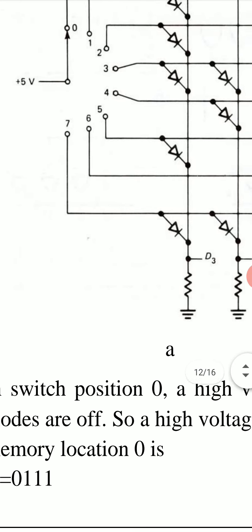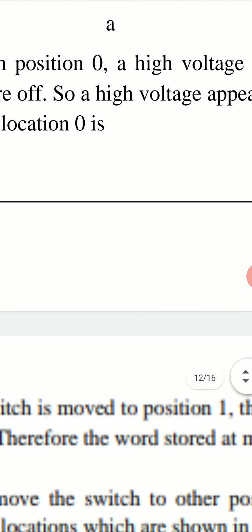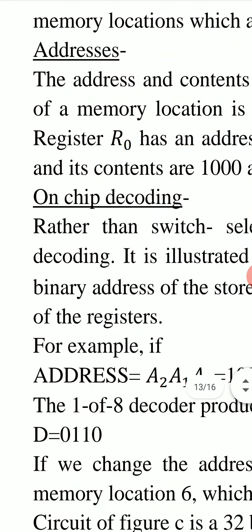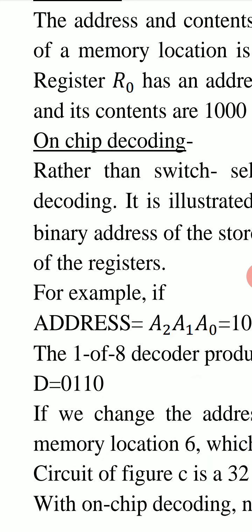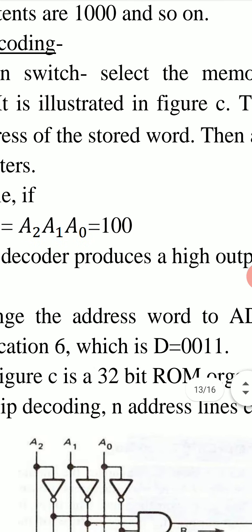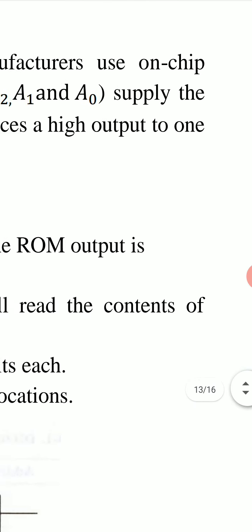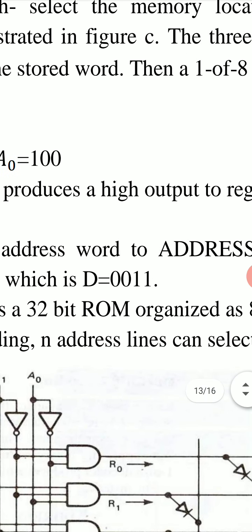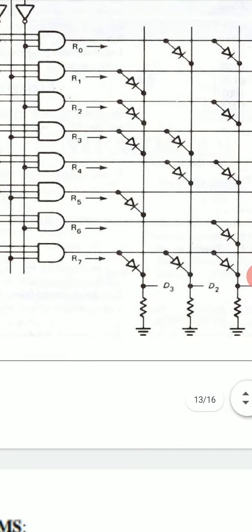And then we see the binary word stored in different memory locations. But these switches are generally not used and on-chip decoding is used. On-chip decoding is shown in this figure.